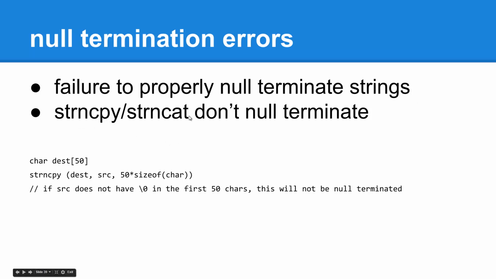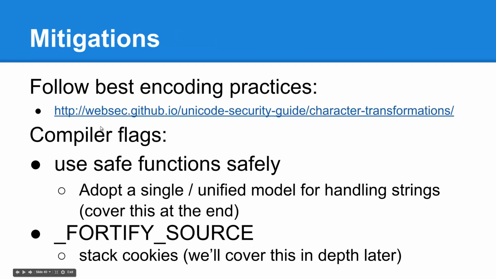Certain safe functions don't actually null terminate. If there's not a null terminating character within the first n bytes, there will be no guarantee that the destination string will be null terminated. So to mitigate these, it's best to follow the best encoding practices.